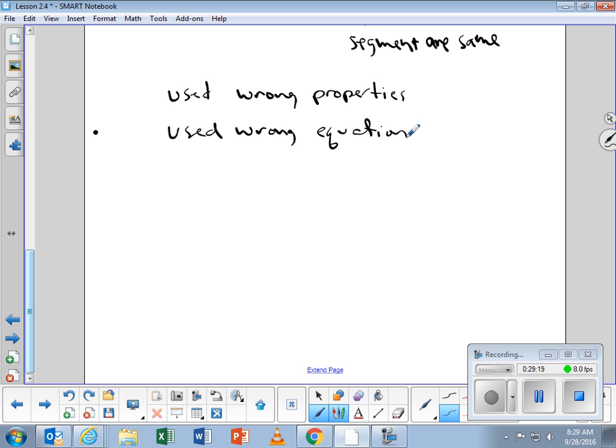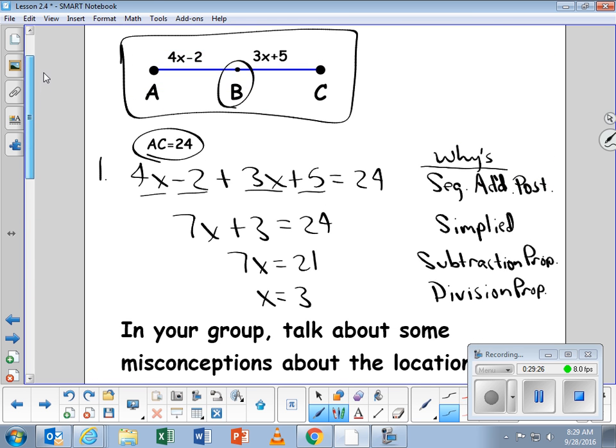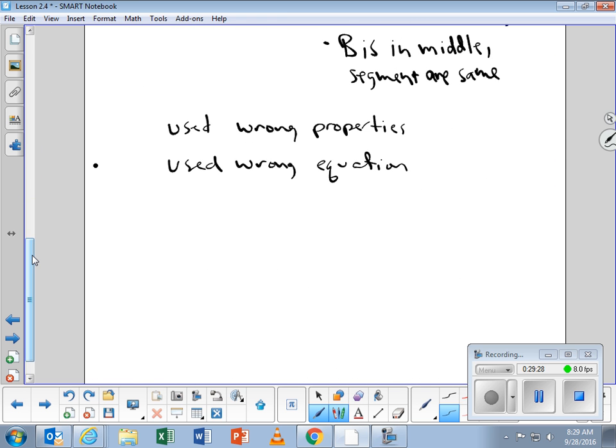They could have said 4x minus 2 equals 3x plus 5, was it? They could have said that, right? That's the wrong one, isn't it? Okay. Any other thoughts?